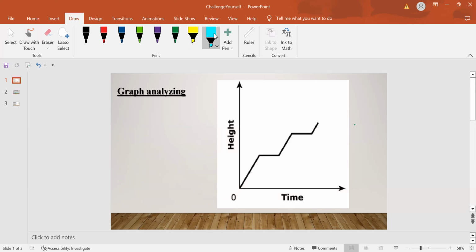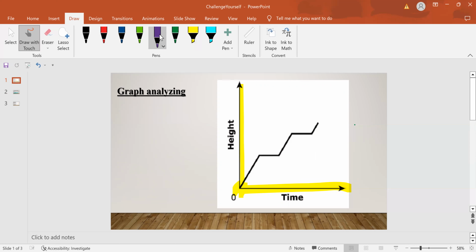This is an example of a graph, and we have this horizontal line for the time and the vertical line for the height. Understand this. The 0, that's the origin. Everything started here.